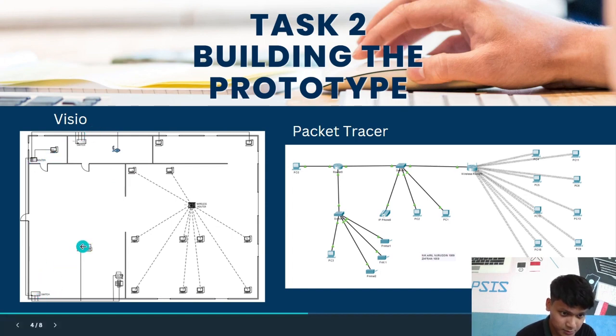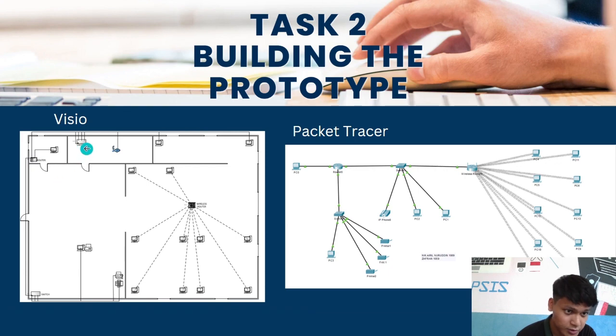As you can see, this PC and these three printers and the fax machine are connected to the switch, and this switch is connected to the router. So this PC is connected to the router, and this switch is also connected to this router. The telephone in the meeting room here is connected to the switch over here, and these two PCs over here will be connected to the switch here.